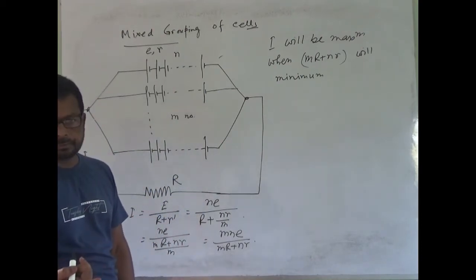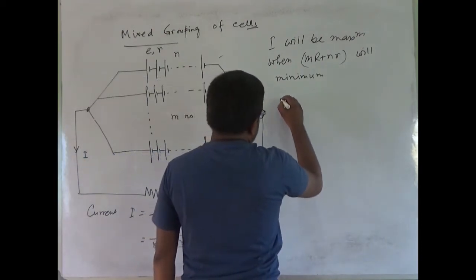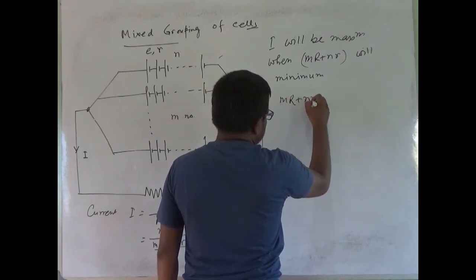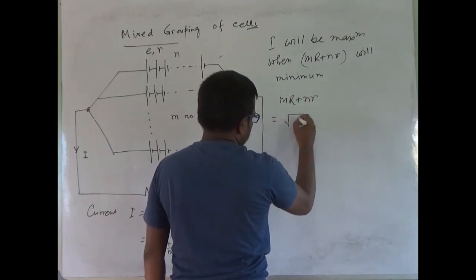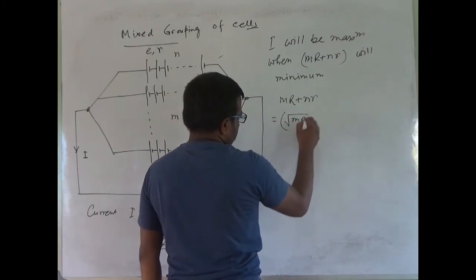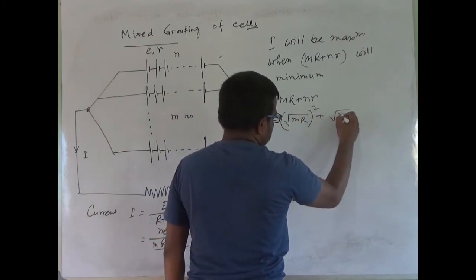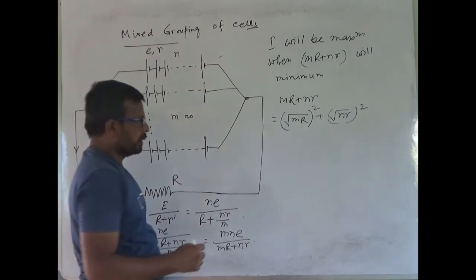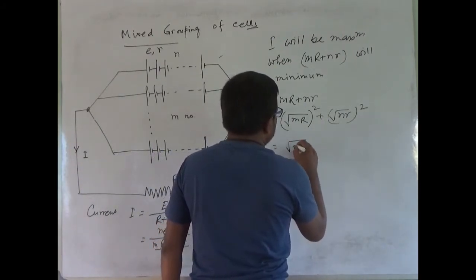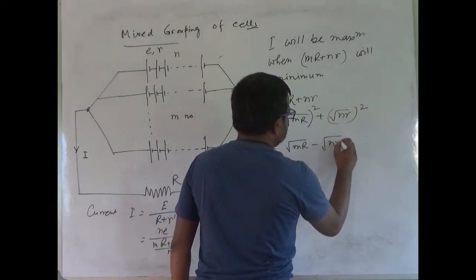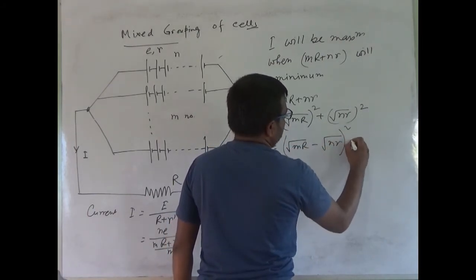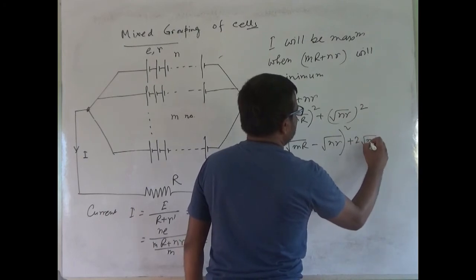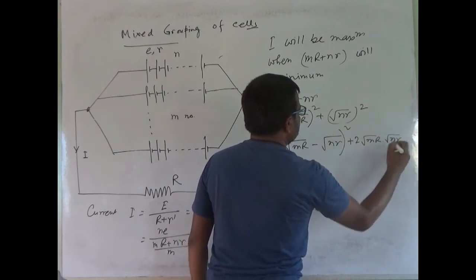And see here, mR plus nr can be written as root mR whole square plus root nr whole square, or we may write this as root mR minus root nr whole square plus 2 root mR into root nr.